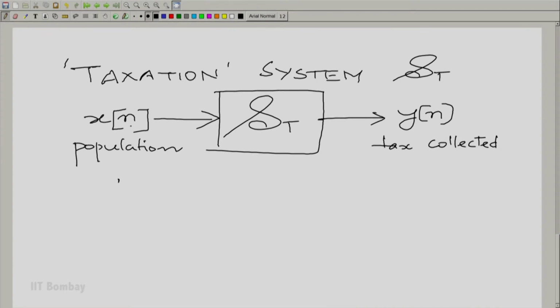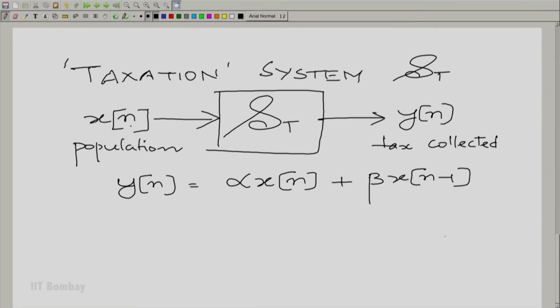And you will recall that at any instance the population has paid tax over two instances, a tax of alpha over the current instance and a tax of beta over the previous instance. So, for two instances that population pays tax.